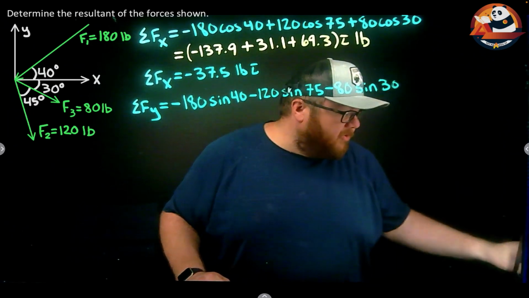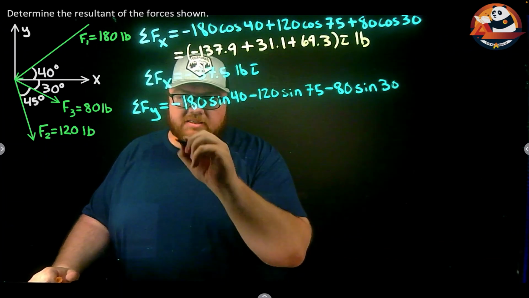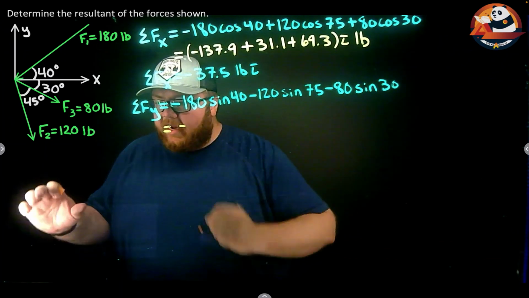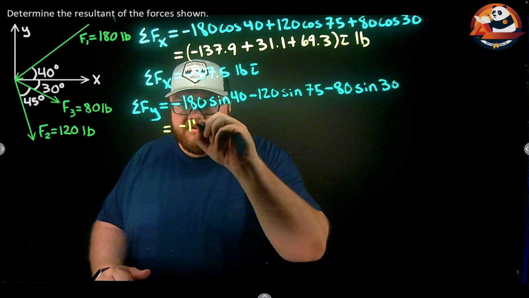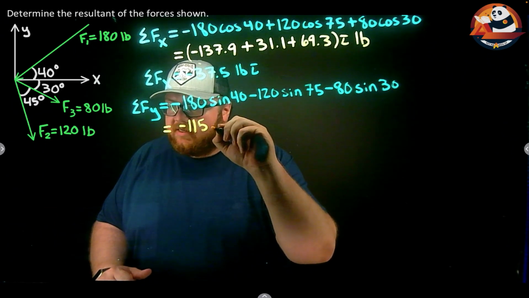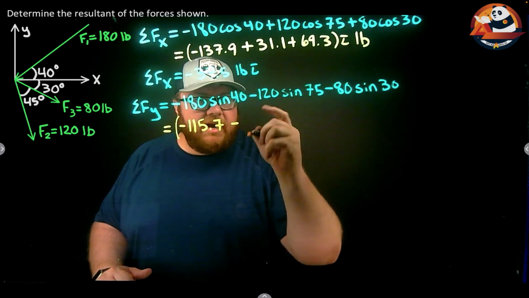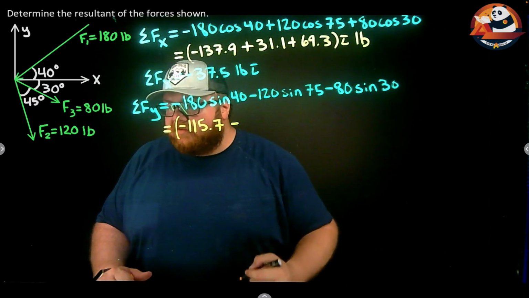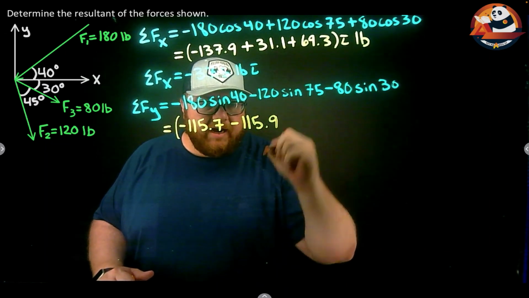Or again, getting the actual numbers out for this, negative 180 sine 40 is negative 115.7, and our units all match here. Minus negative 120 sine 75 is negative 115.9.